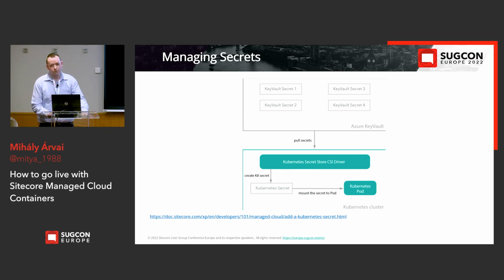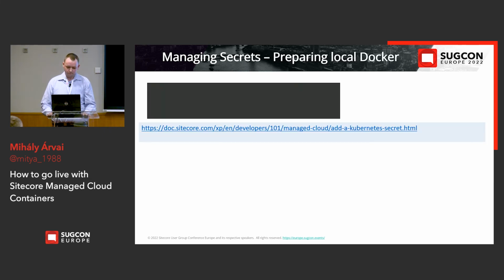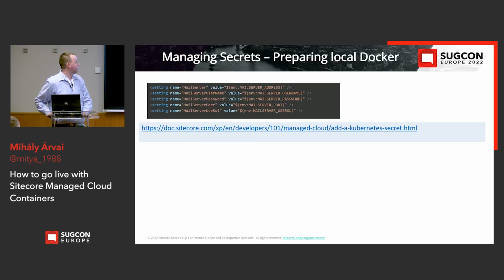So let's assume you want to introduce some environment-specific settings in your configuration. Let's see what you should do in your code in order to support this. So this is how you can add environment variables to your Sitecore configuration. These tokens will be replaced during runtime and will be evaluated based on the environment variables which are set there.